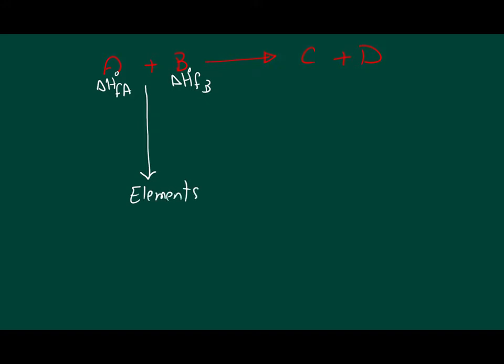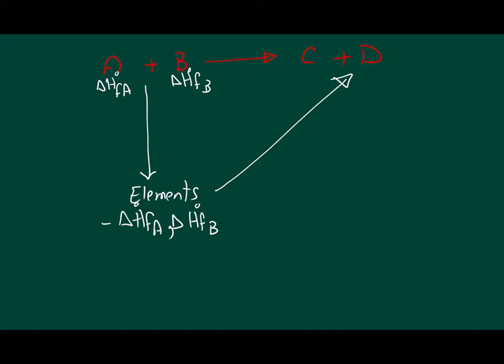And the enthalpy here will be minus enthalpy of formation of A and minus enthalpy of formation of B, because when you reverse the reaction, you reverse the sign. Those elements can form C and D.